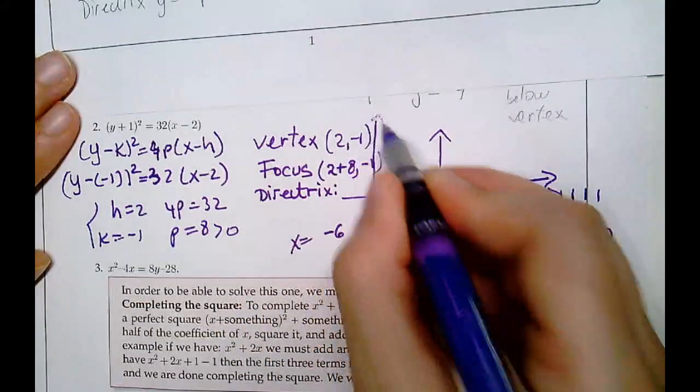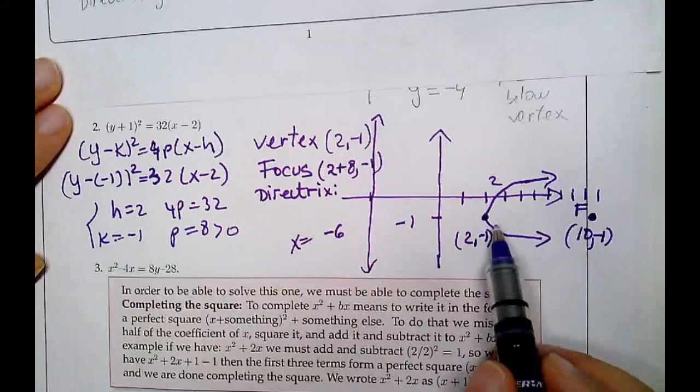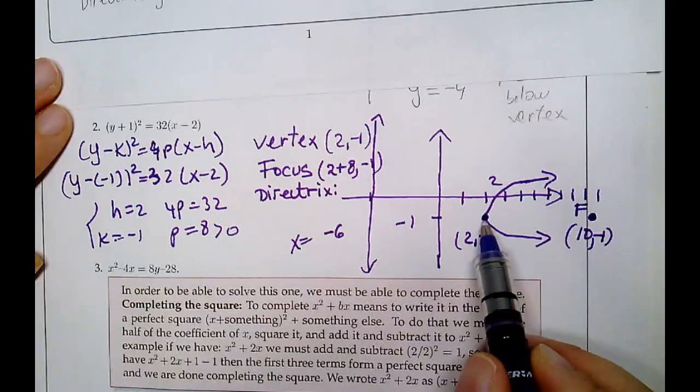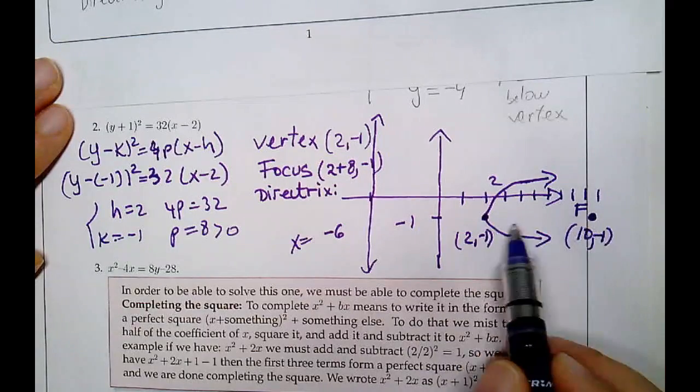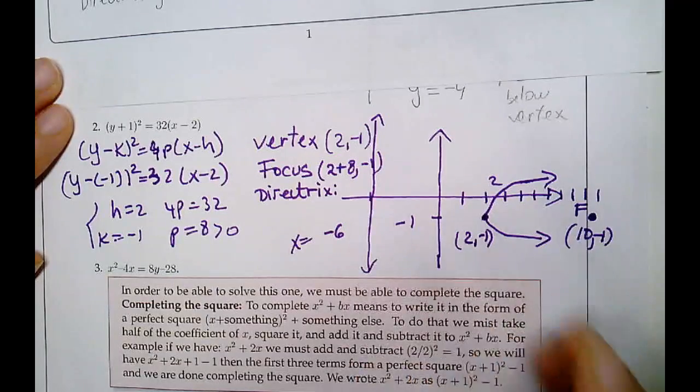So this is the directrix, and this is the focus. So the goal is to find the vertex and then find p, and the focus is going to be p units away to the right of the vertex, and the directrix is going to be p units away to the left of the vertex.